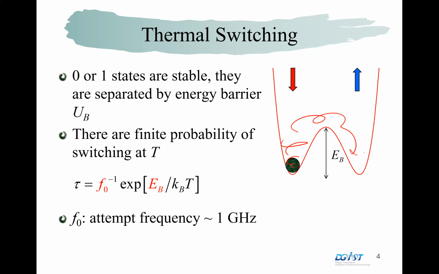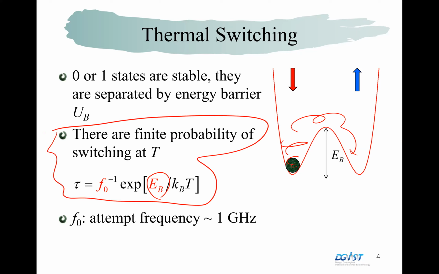Okay, so this energy barrier, let's say E_B, is the purely quantum mechanical consequence. In classical physics, if we don't have large enough energy, we cannot go to here. But in quantum mechanics, there is a non-zero probability they can tunnel from here to here. And this tunneling can occur at a certain time, tau.